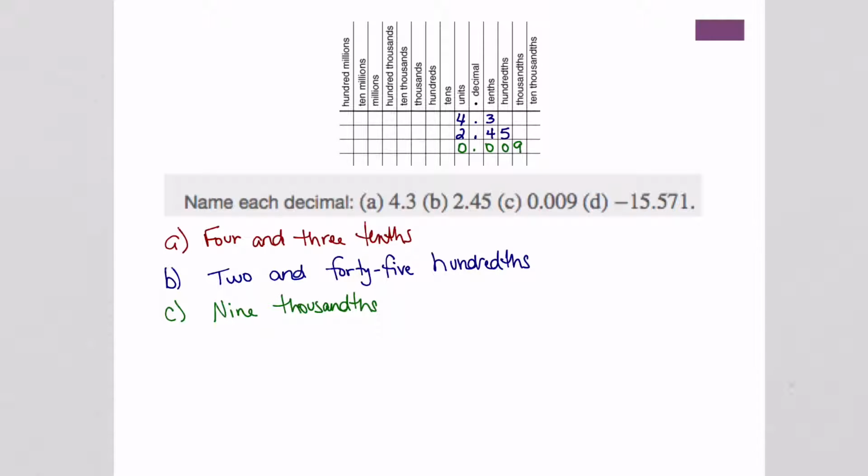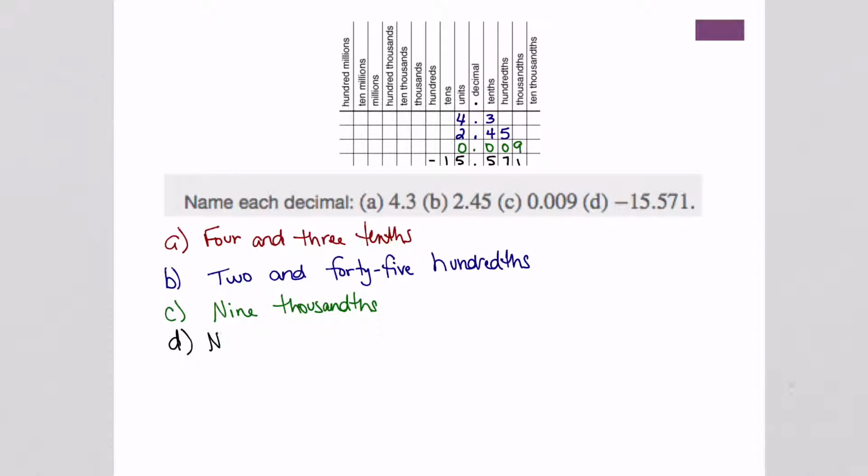Okay, so let's look at part D. Negative 15.571. Now that negative, it does not hold a place in the hundreds place. I just put it there so that I wouldn't forget it in my final answer.